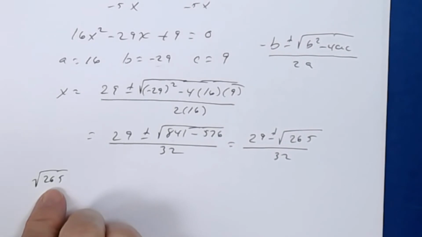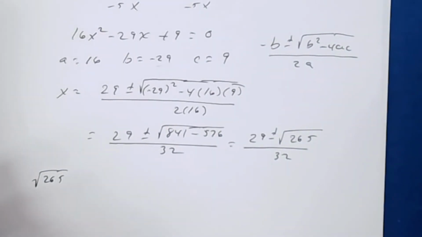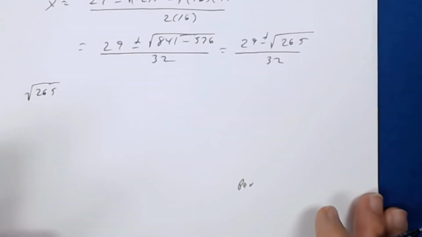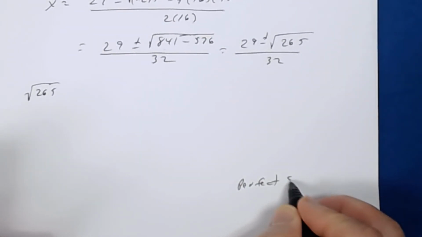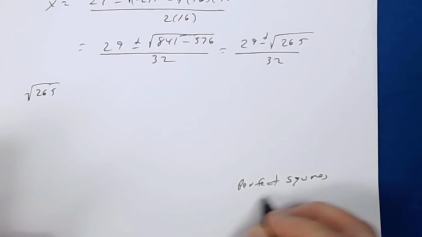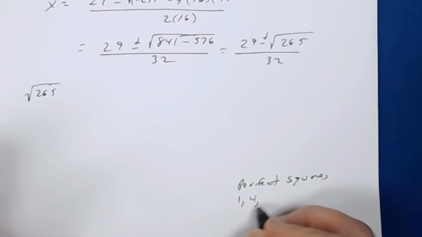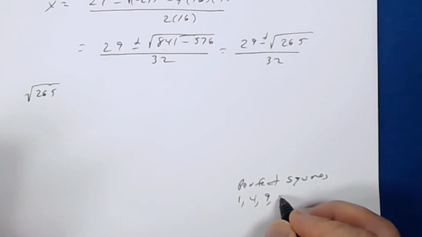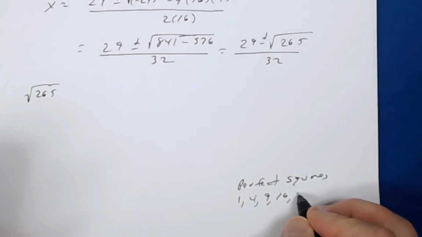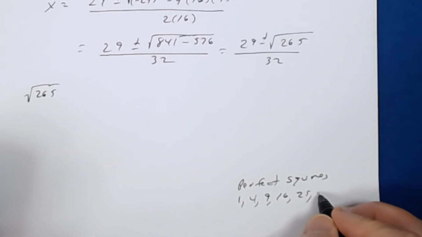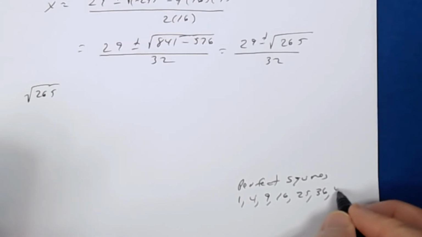So if you look at the perfect squares, remember your perfect squares are 1, 4, 9, 16, 5 squared 25, 6 squared 36, and so on, right?